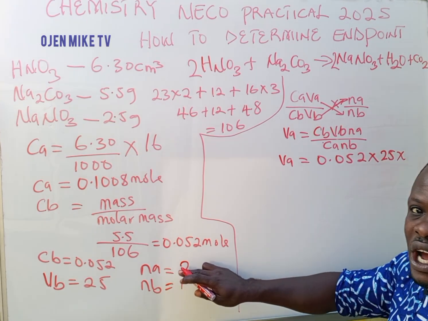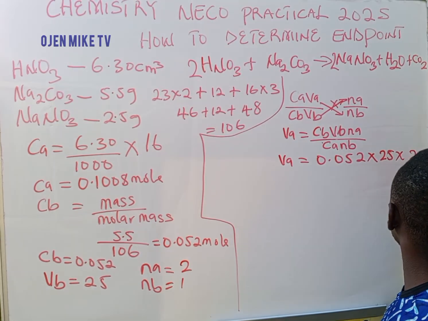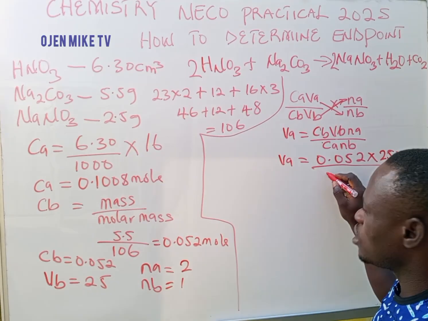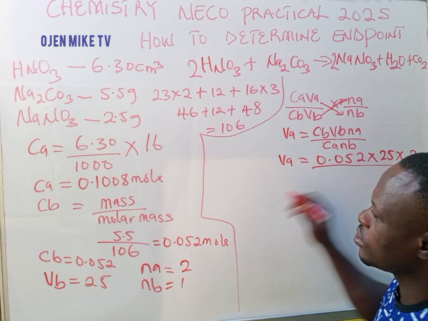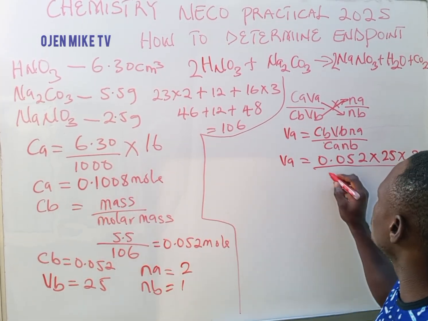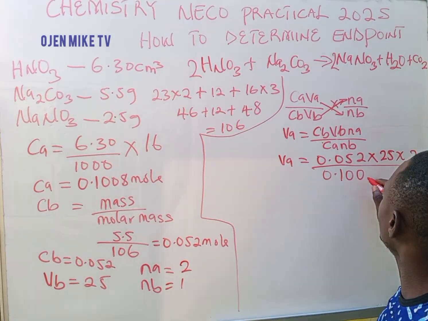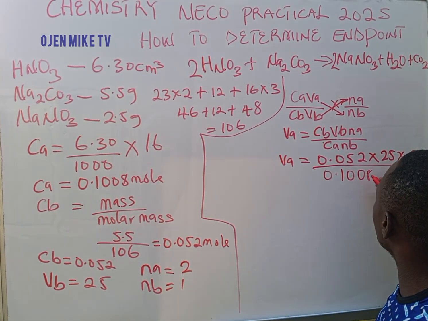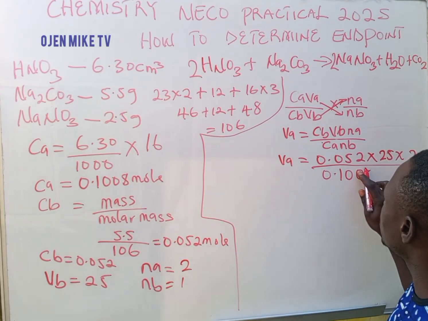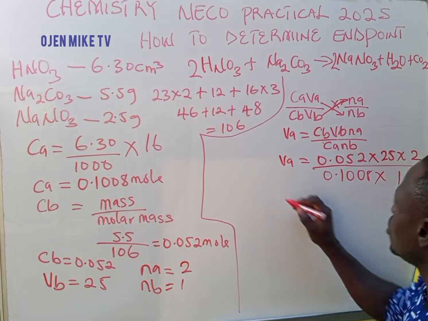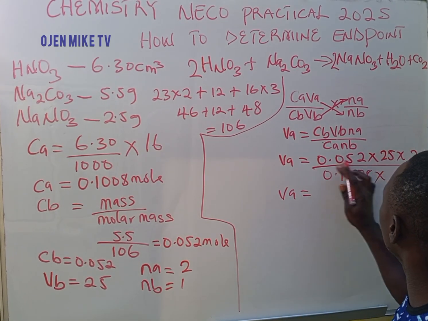Look at your Na, it equals 2, divided by your Ca. Ca is 0.100, or you can leave it to 1 or 2 decimal places, anyhow you feel like, times 1.